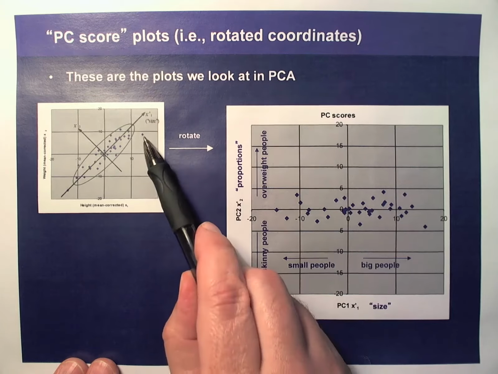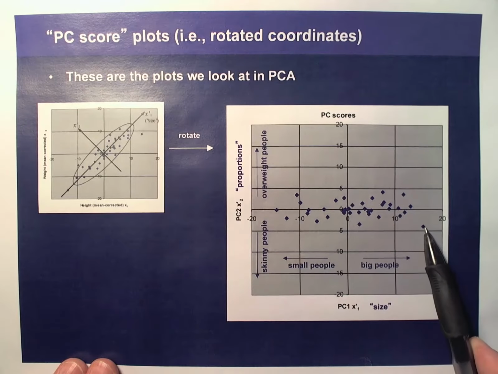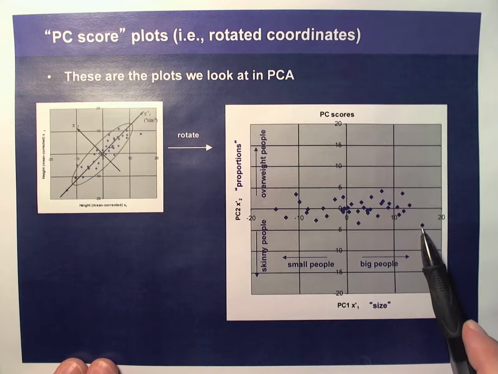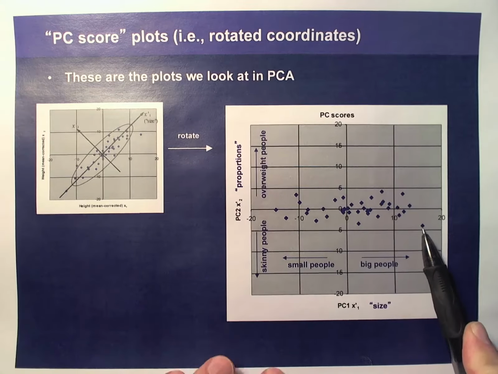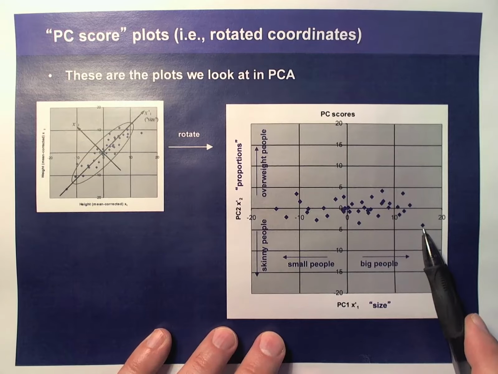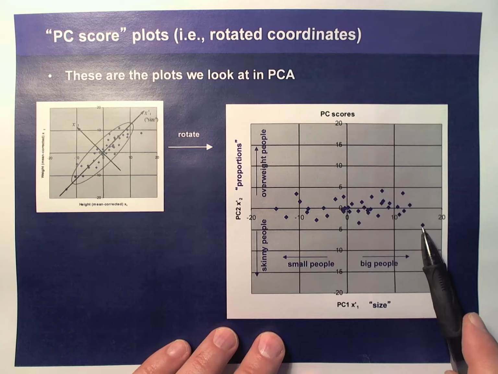This person here is the same as this person here when we rotate the diagram. So the way you would interpret this is that essentially this person is much taller and much heavier than the average person. So we might simply, in a crude way, just call this person big. This person is just generally large.